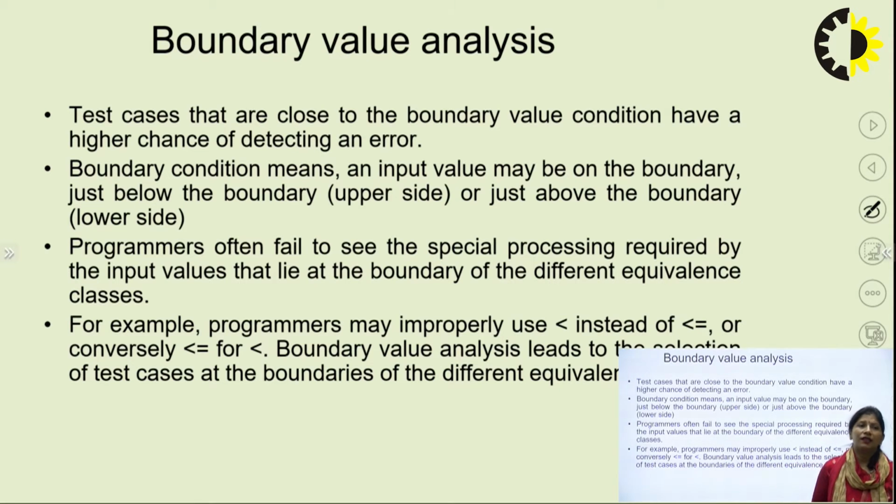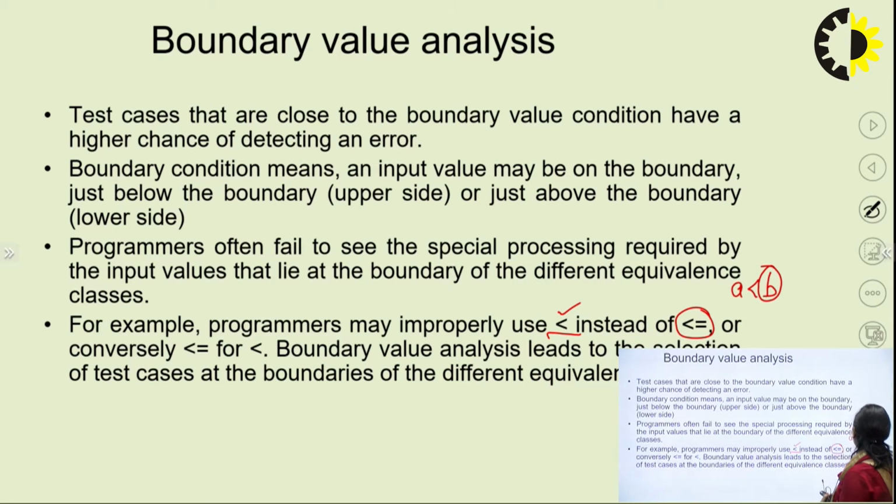Let us take an example. The programmer may improperly use less than instead of less than or equal to. If I use only this symbol, it does not include that number. If I am writing A is less than B, then we are not including B here.